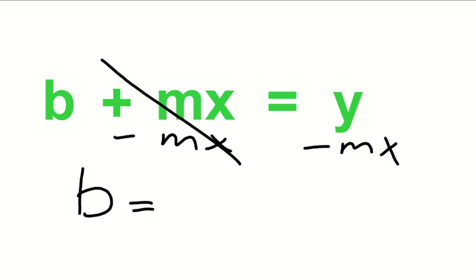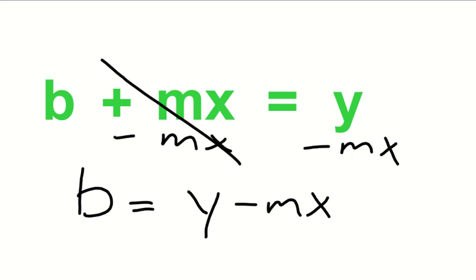We want to find what the y-intercept equals. On the right side, I've got y minus mx. You don't have to 100% follow how I went from y equals mx plus b to b equals y minus mx, but that is what we are going to use to find the y-intercept: y minus mx. Everybody okay with that so far?